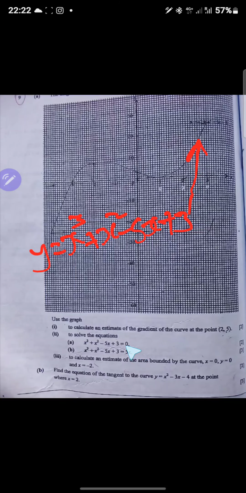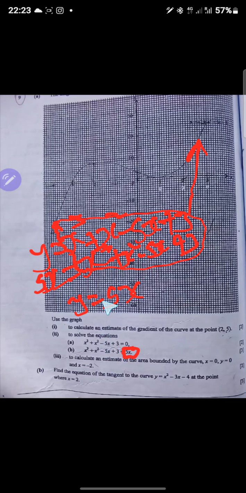So if you compare this one, you realize that it is equal to x to the power 3 plus x squared minus 5x plus 3. All they have done is, this is the same thing. So they are telling you that this thing is simply y is equals to 5x. So where there is y, they have just replaced it with 5x.